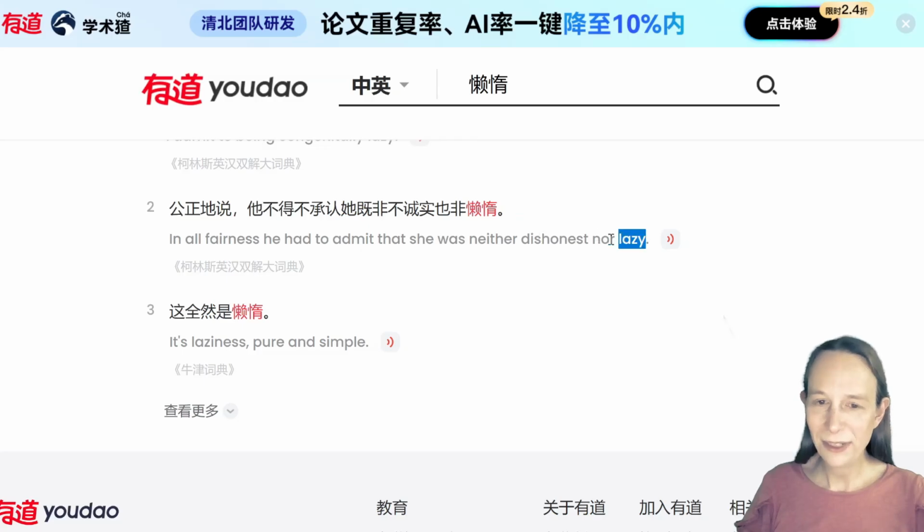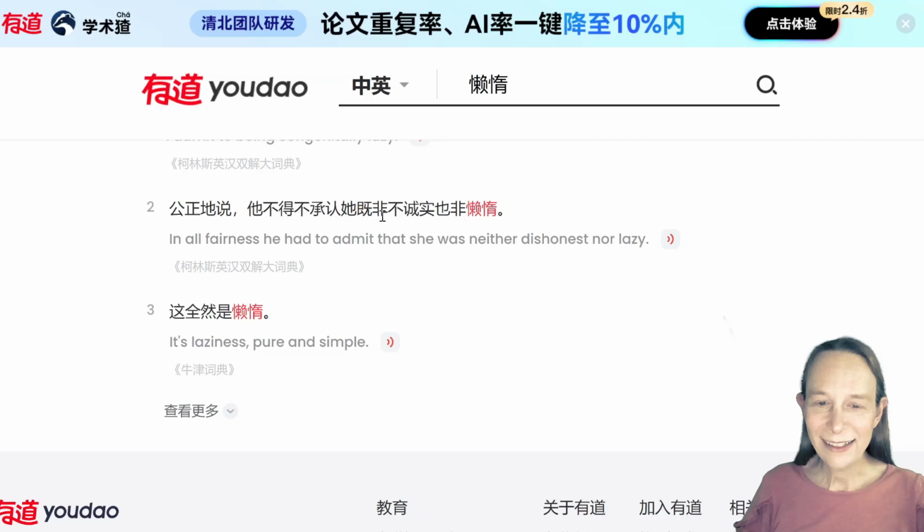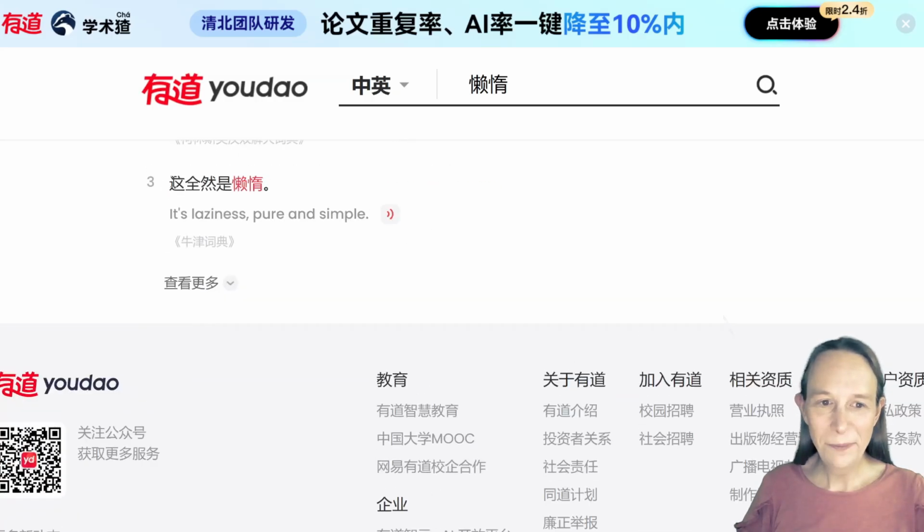Neither dishonest nor lazy. That's an odd combination to put together. You could just say 既诚实, 也不懒惰. There must be a better word for 不懒惰. 非懒惰, I don't know. 这全然是懒惰.